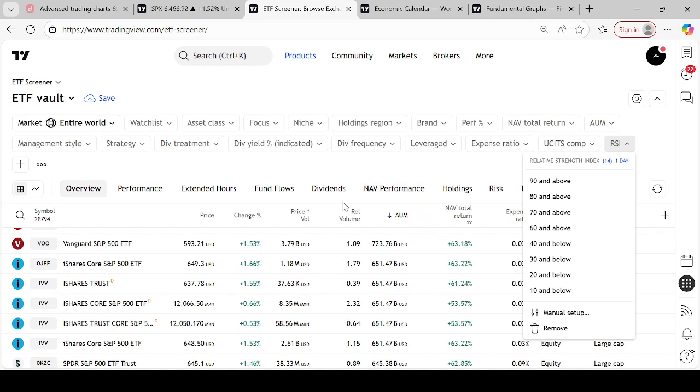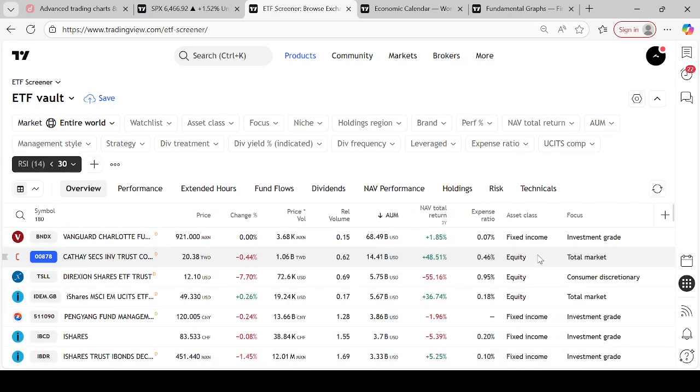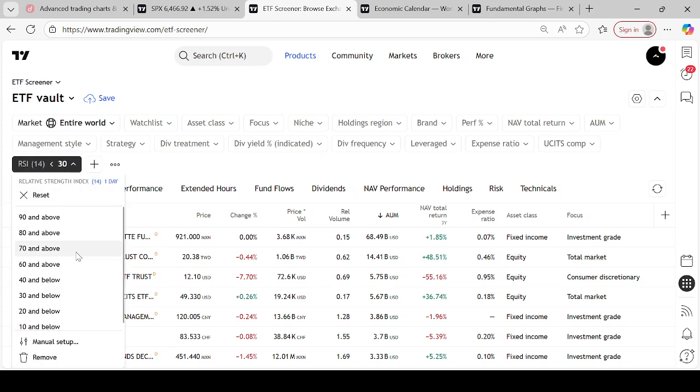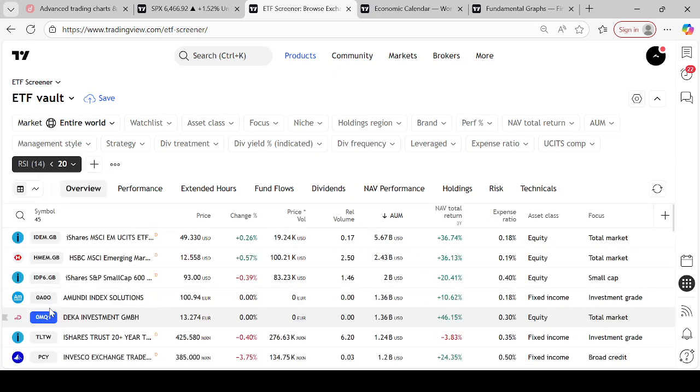Let's say those below 30, it would show us the sectors showing higher relative strength and often candidates for investment, while those with a lower relative strength index may be considered for exit.